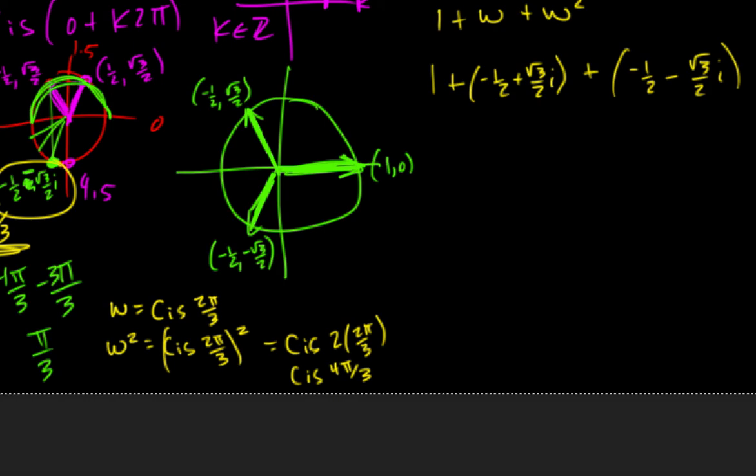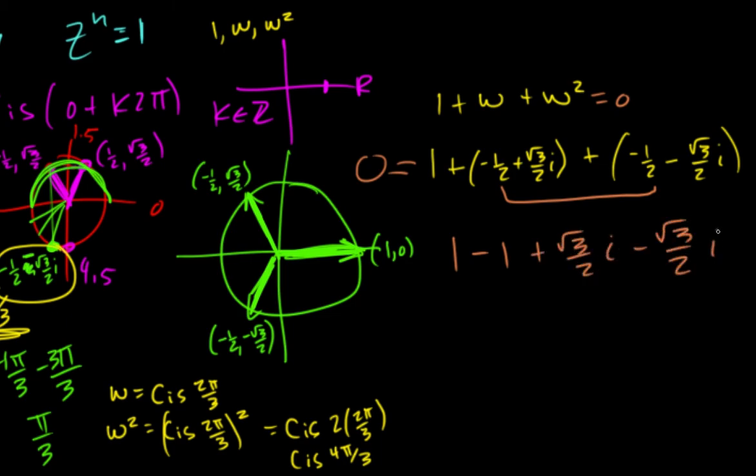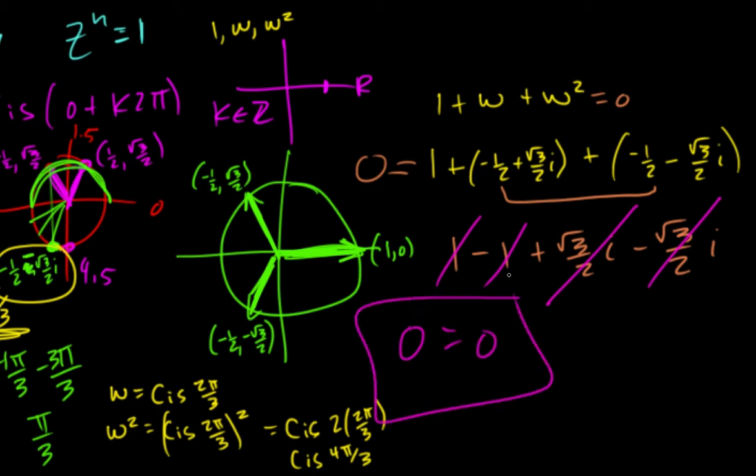Okay, so this was equal to 0, sorry, I forgot to write that. So that's what we need to prove. We need to prove that this really does equal 0. The parentheses are redundant on this, and so we can combine those. So we get 1 minus 1/2 plus square root of 3/2 i minus 1/2 minus square root of 3/2 i. These are opposites, so they cancel. These are opposites, so they cancel. So 0 equals 0. And so we got it.